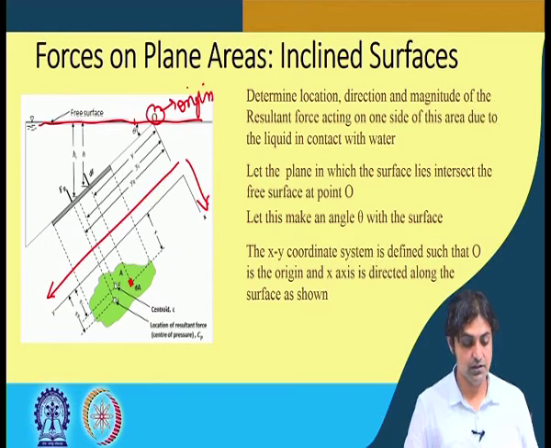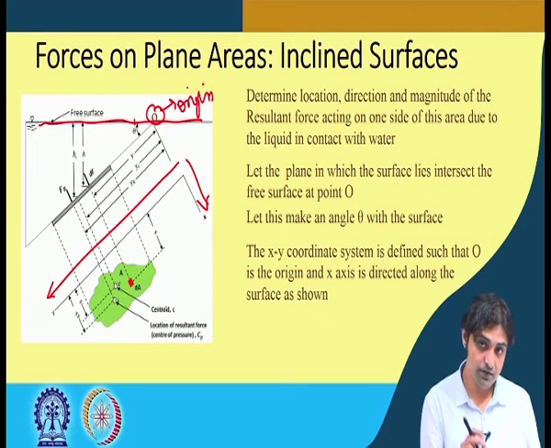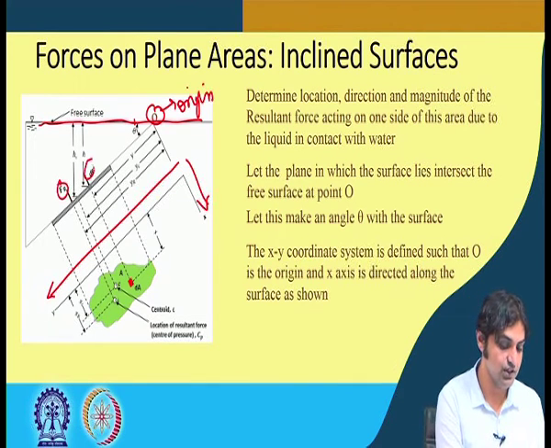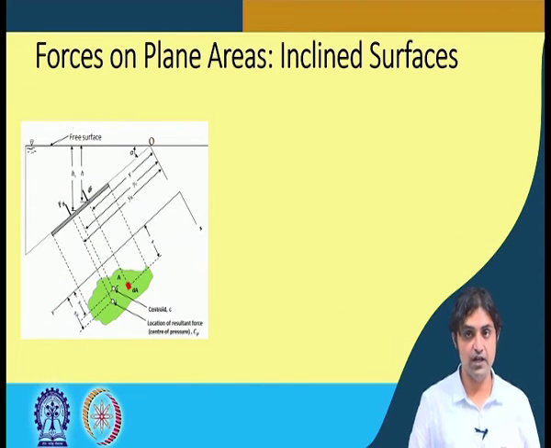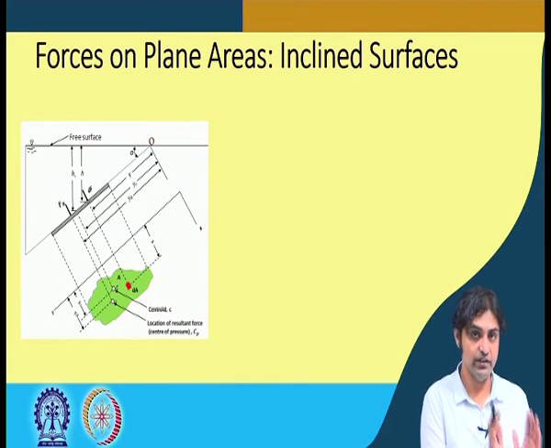Good. So this is just explaining to you, and we are going to look at the individual terms when we describe those. You see many things here: centroid, location of resultant force, you see this FR, you see dF, but we will come to it one by one. So what I have done is I have kept this image on the left side.